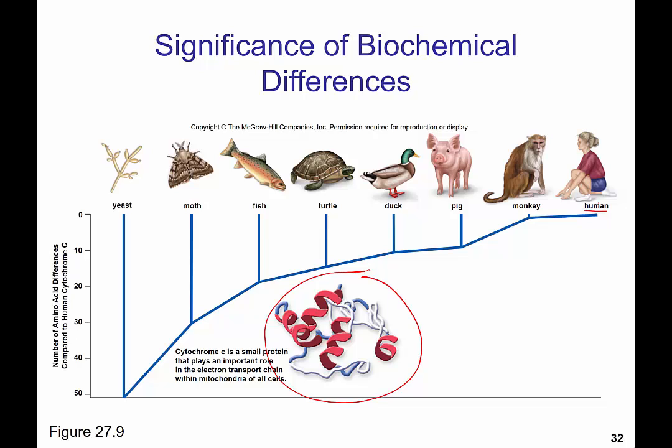So if we're looking at the yeast that also has cytochrome C, it has at least 50 amino acid differences in its cytochrome C compared to that of a human. The moth has fewer still, with the fish, the turtle, the duck, the pig, and the monkey may have as few as 2 differences. So we can see how these organisms are related on a biochemical level.